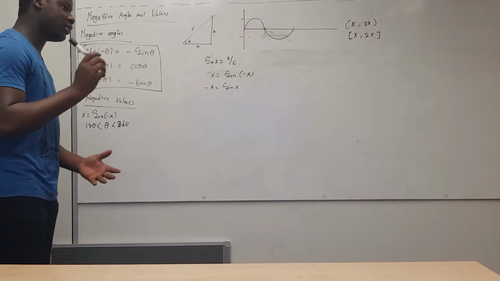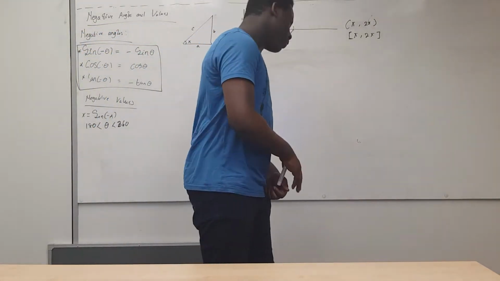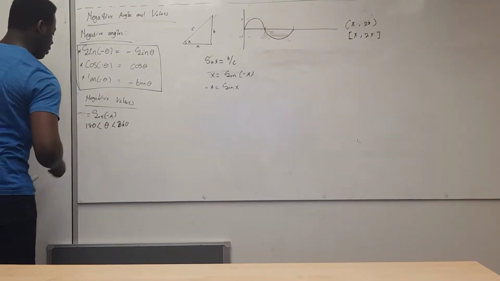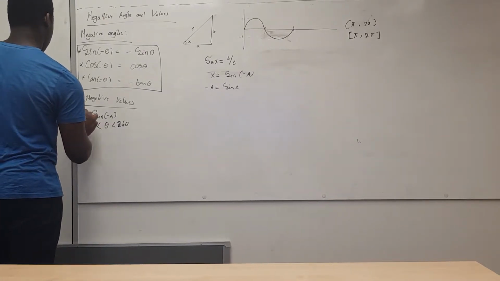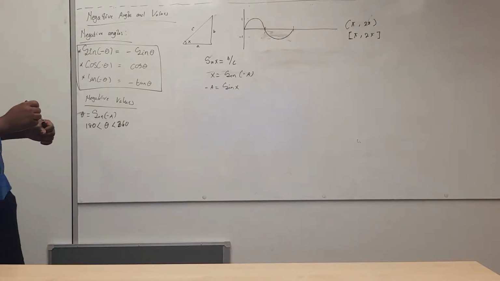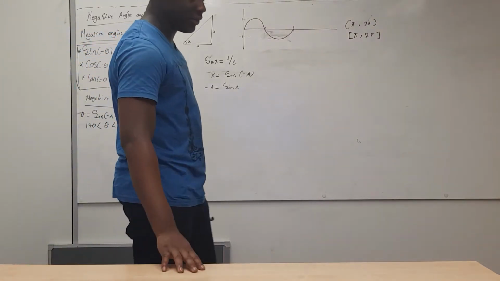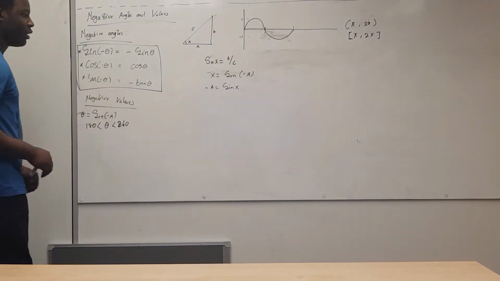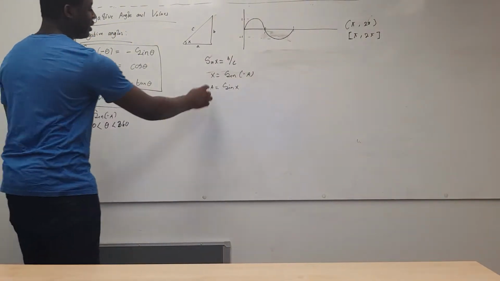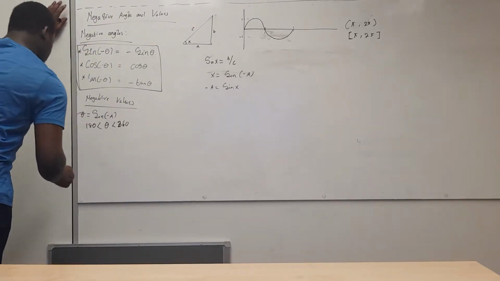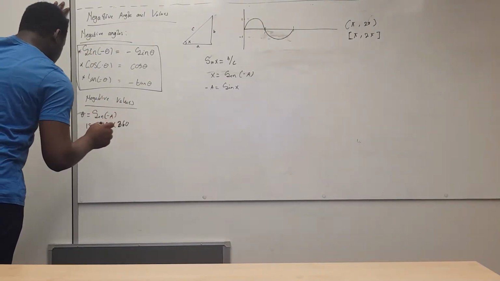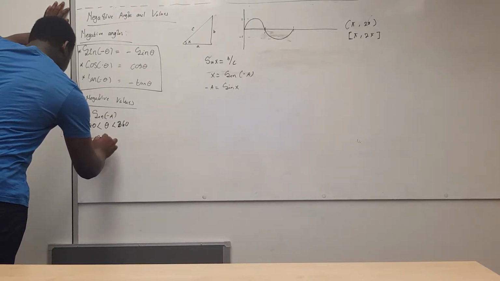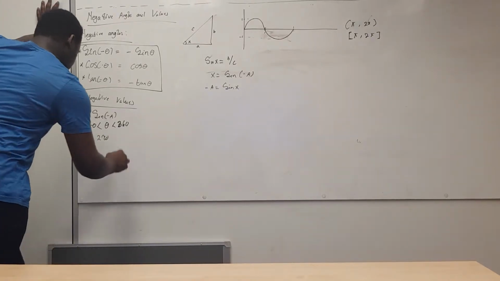So in the third quadrant, we reduce the angle by saying that this angle, let's call it theta, minus 270 is equal to something. So for sine it's going to be theta minus 180, because it's negative in the third quadrant.